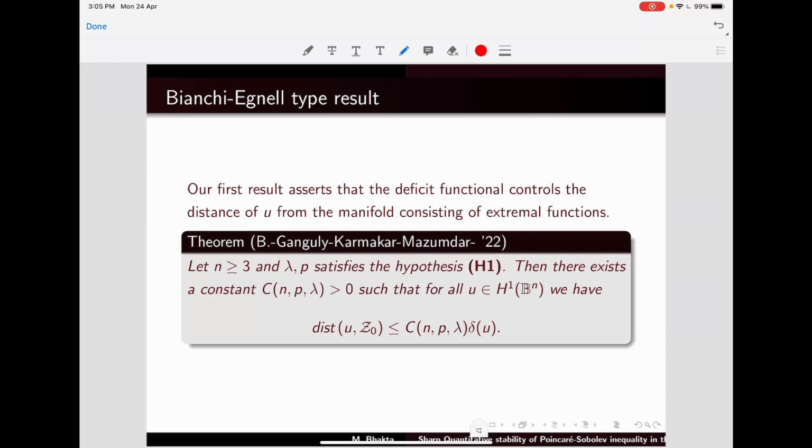But this is not just a linear stability. What we have proved is more than what I just stated; this linear stability implies what I just said, but it is stronger. It says that you can bound the deficit functional from below by the distance function of u to the manifold.